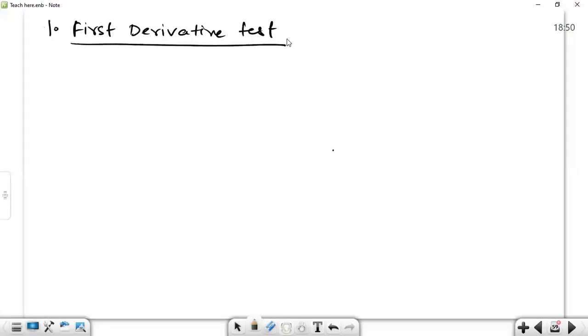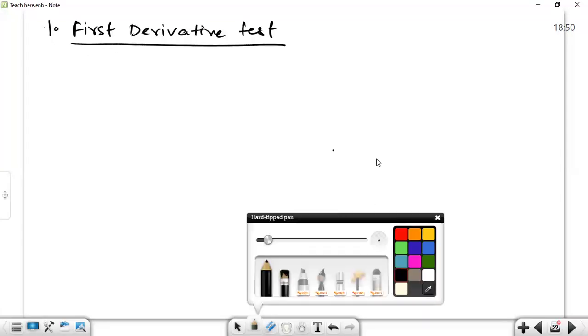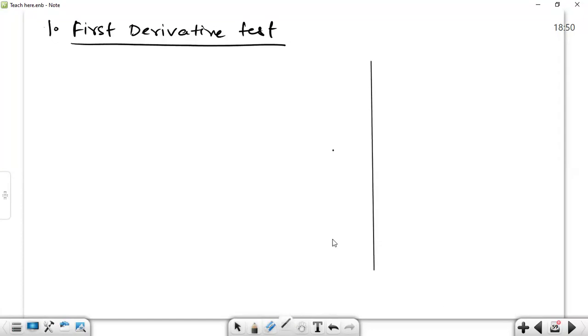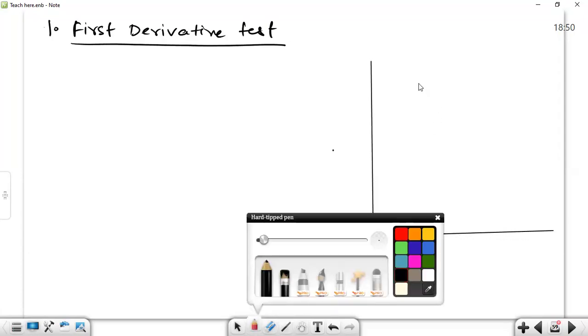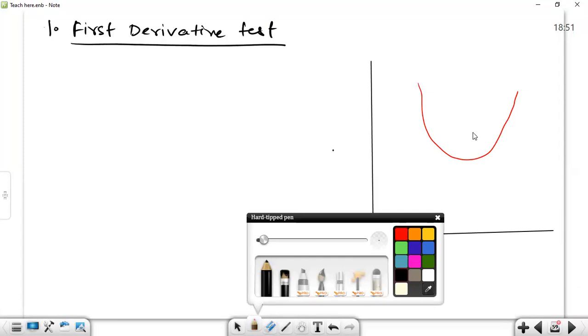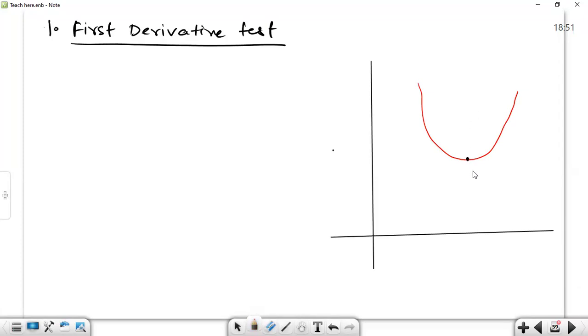As we were discussing about slopes earlier, if there is any function that is decreasing, and we know this is a critical point, let's discuss about its tangent.